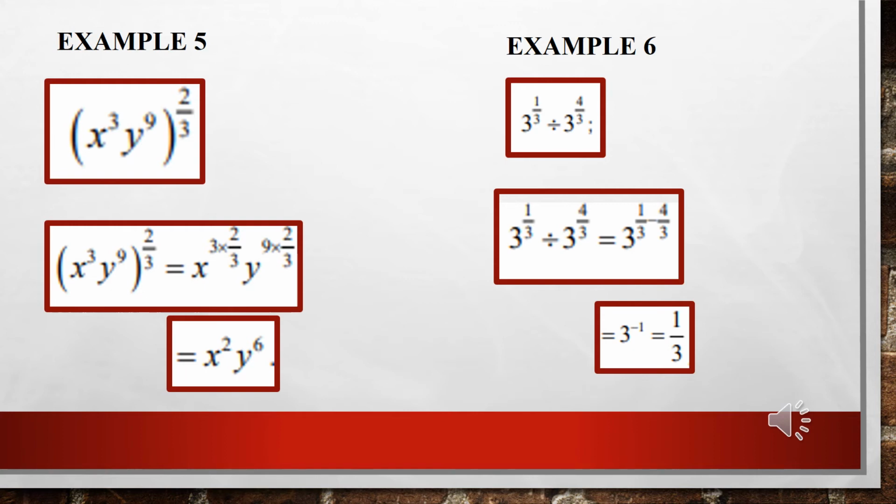We can only apply this if we have the same number, which is 3 to the power of 1 over 3 and 3 to the power of 4 over 3. So we subtract 4 over 3 from 1 over 3, and we get 3 to the power of negative 1. We can also write this as 1 over 3. A negative power is often referred to as a reciprocal.